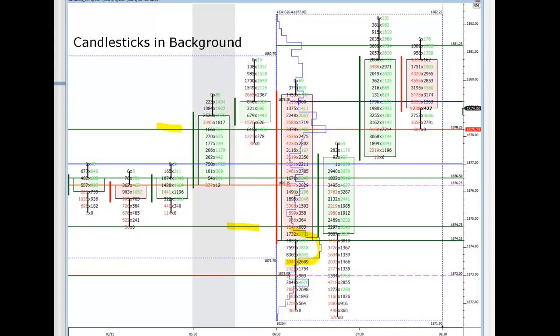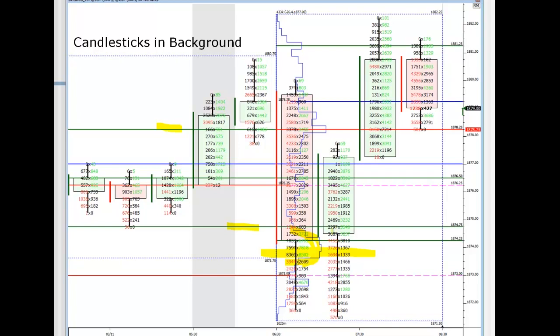Okay, let's look at how prices are reacting. We dropped down, but we came right back up, and after this intense volume activity here, which probably included both periods, we find that prices push higher.